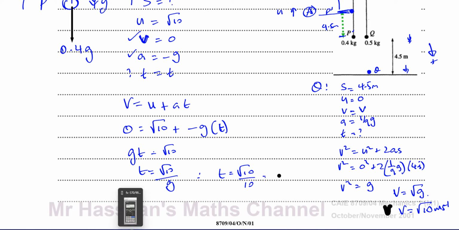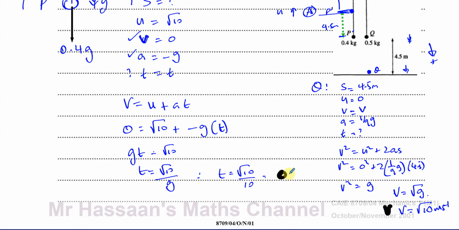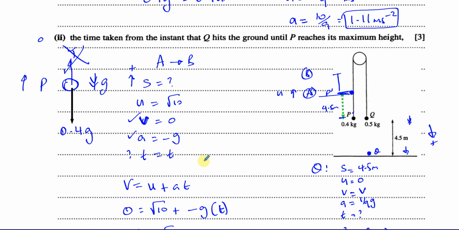If we put that into our calculator, that gives us 0.31622. So the time to 3SF is 0.316 seconds. There's the answer.